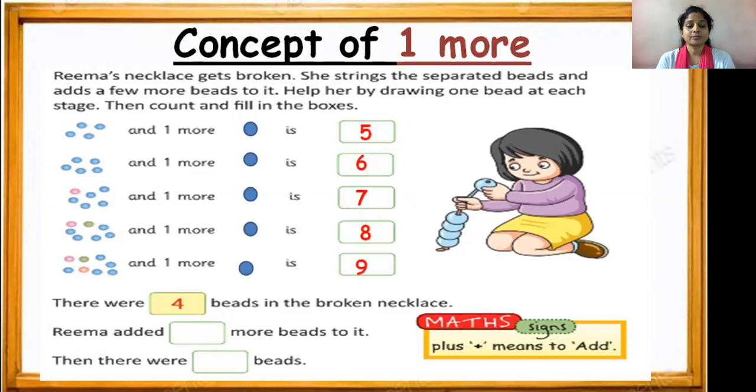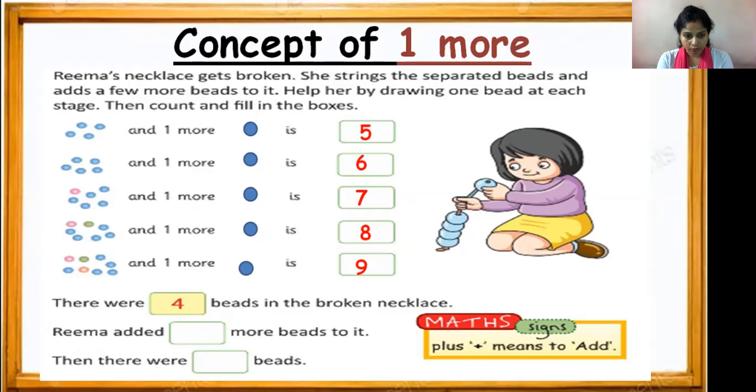So read that statement with me. There were 4 beads in the broken necklace. How many beads were there in the broken necklace? 4. Okay. Now, Rima added dash more beads to it.